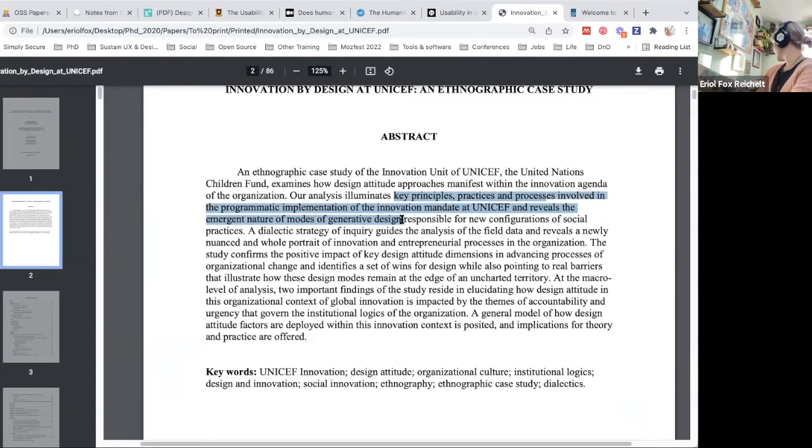And as written in some more recent books, one that I'm reading at the moment, which is behind me, by Ezio Manzini, he talks a lot about these social practices in terms of design and social innovation, and talks a little bit more about open source.